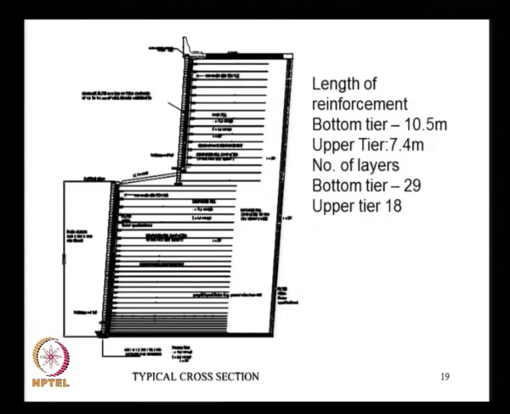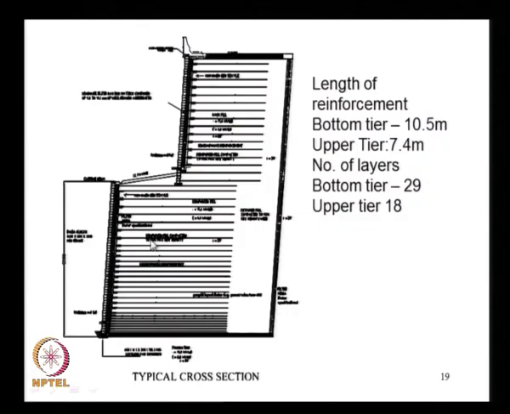This is built in 2 tiers. The bottom tier is about 12 meters and the top tier is about 10.5 meters, and this offset is 5 meters, which is sufficient to provide a staging for construction purposes and for other aesthetic purposes.